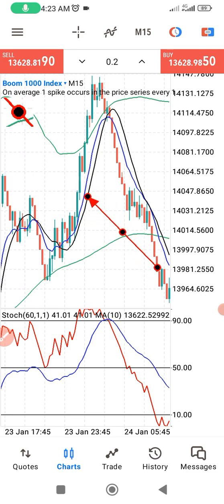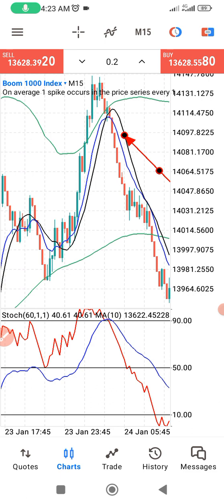The blue one here is our exponential moving average 10, while the black is our simple moving average 12. This is our entry trigger. These moving averages help us to make entries. Whenever we see price close below those moving averages, we'll make our entries.